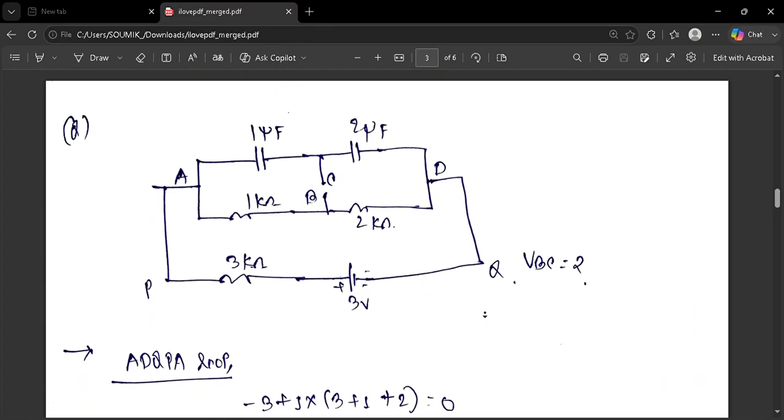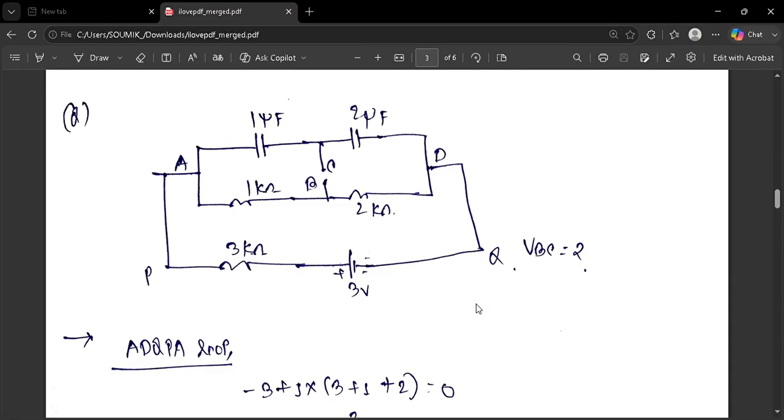Next question. It is an interesting question, and it appeared in WBJEE 2017. We are asked to find VBC, the potential difference between points C and B in this circuit. We can use the same theory in this problem also. No current will flow through these capacitors.